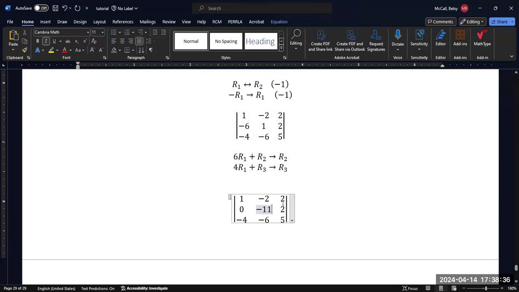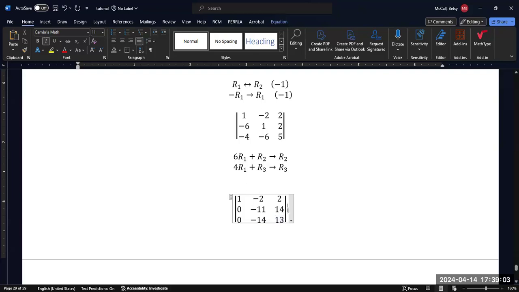And then 6 times positive 2 is 12, plus 2 is 14. 4 times 1 is 4, plus negative 4 is 0. 4 times negative 2 is negative 8. It's going to give me negative 14. And then 4 times 2 is positive 8. That's going to give me 5, and 8 is 13.